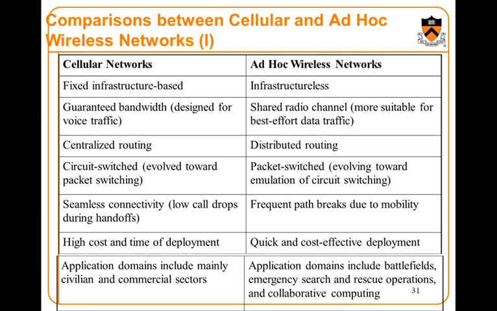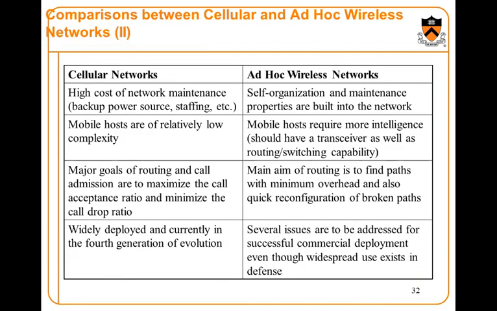Similarly, application domains include mainly civilian and commercial, while ad hoc network applications include battlefield, emergency, search and rescue operations, and collaborative computing. Similarly, we spend much more money on the maintenance of a cellular network, while an ad hoc network is self-organized and we don't spend too much on its maintenance.